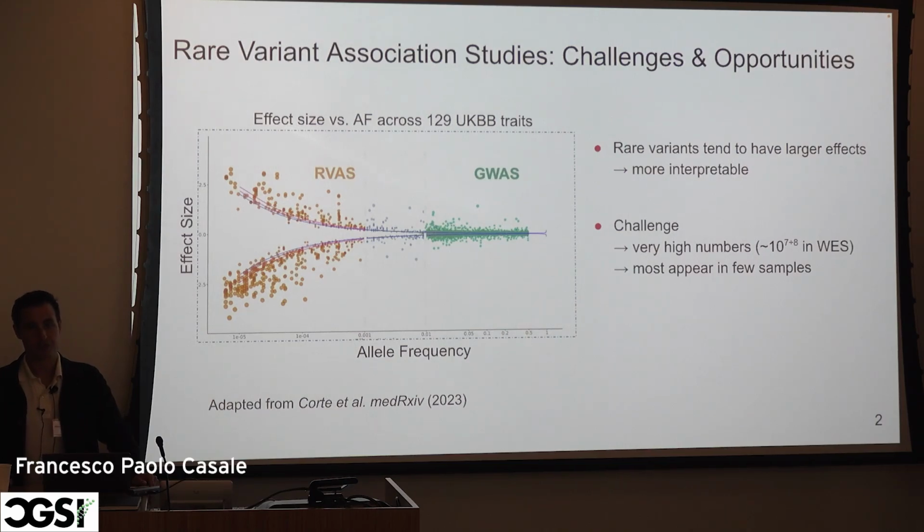But the challenge is that rare variants come in much larger numbers than common variants, and most of them appear in very few samples. In practice, the rarer you go, the more you have.